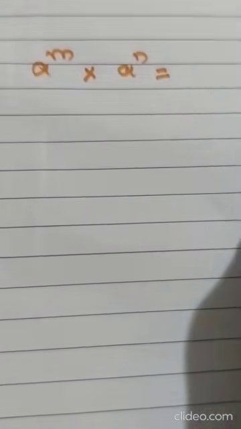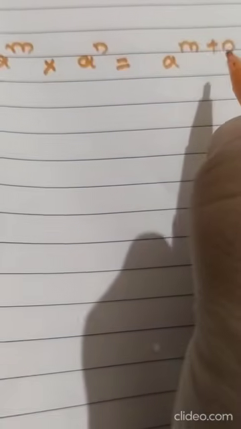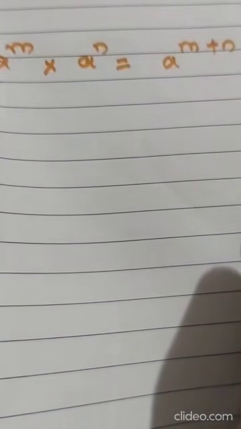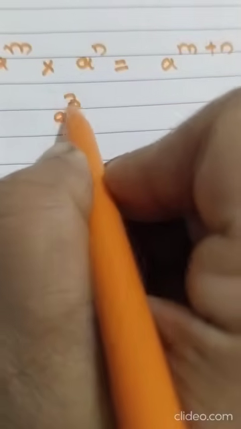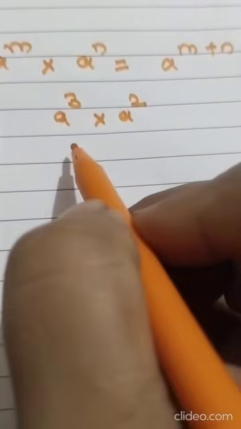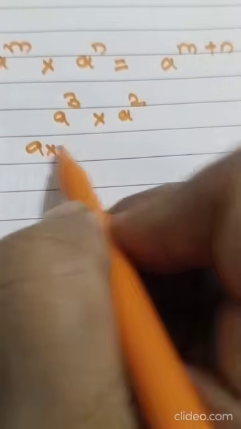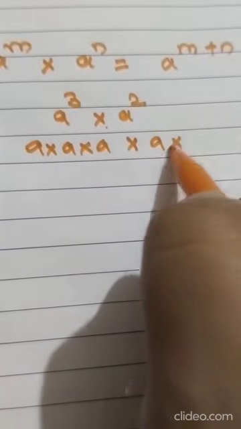a raised to m multiplied by a raised to n is the same as a raised to m plus n. Here this law has identical bases and their powers get added. Let us take an example of a raised to 3 multiplied by a raised to 2. We can express it as a times a times a multiplied by a times a.